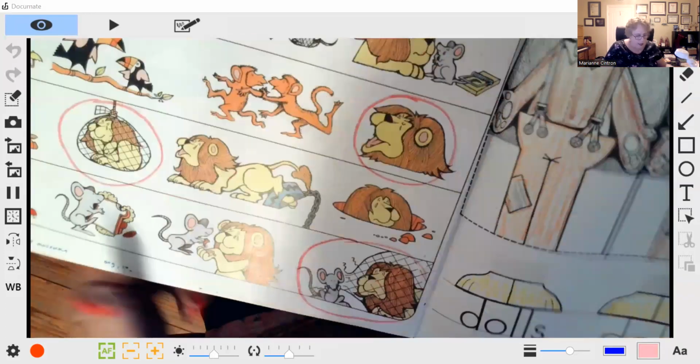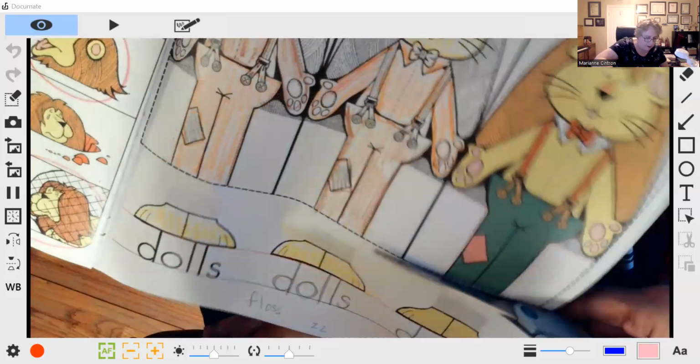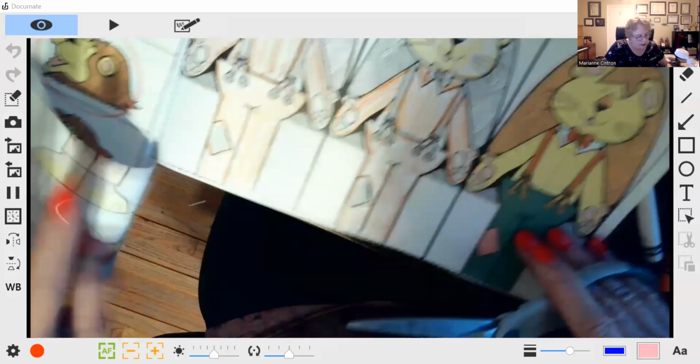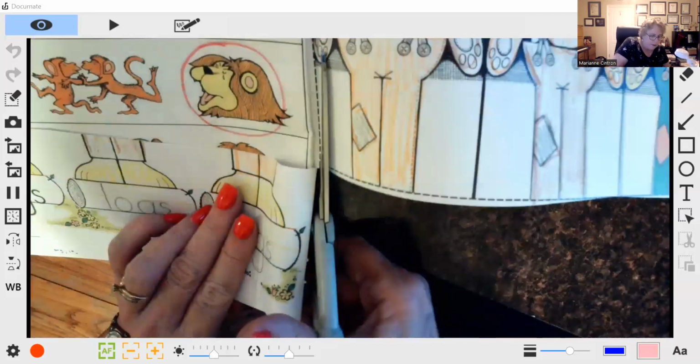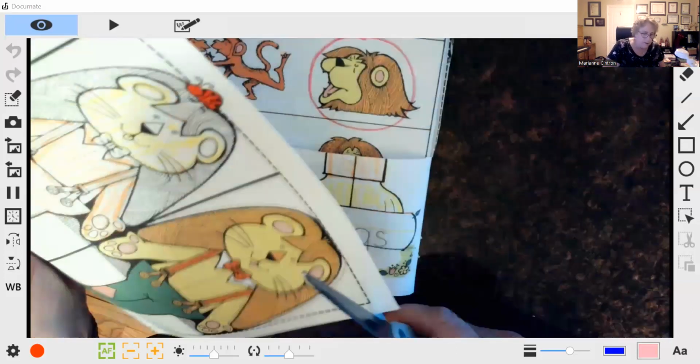So we're going to cut out right here. These are books that are just so fun to save.